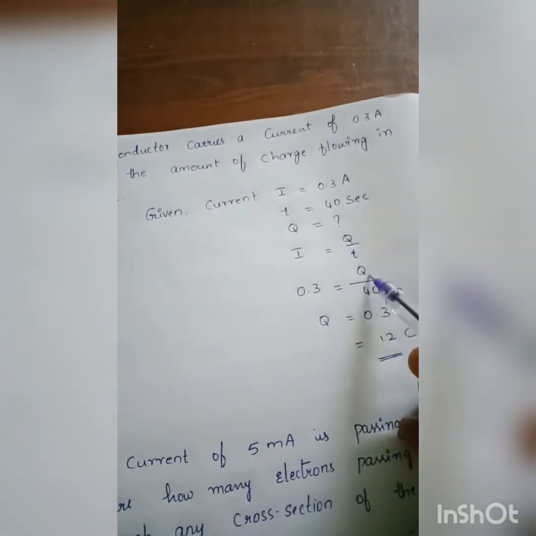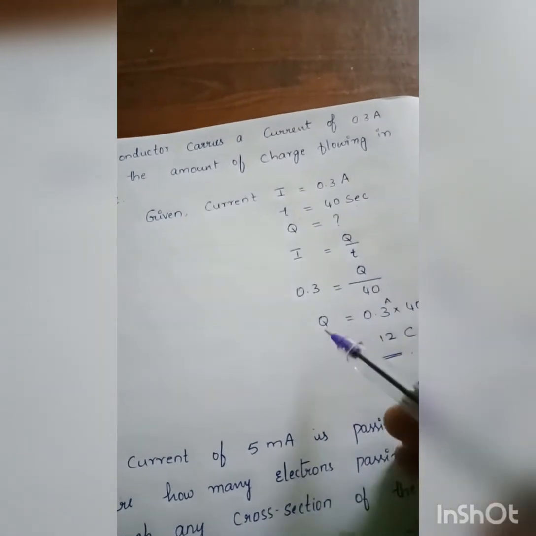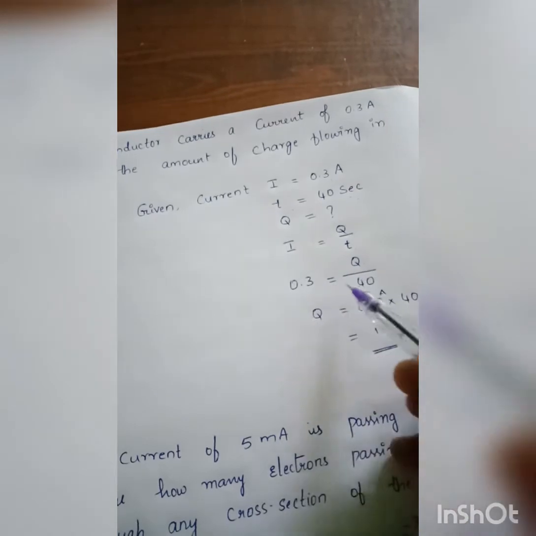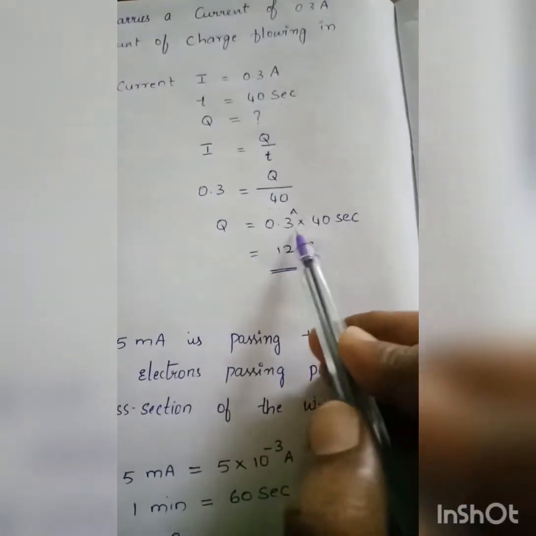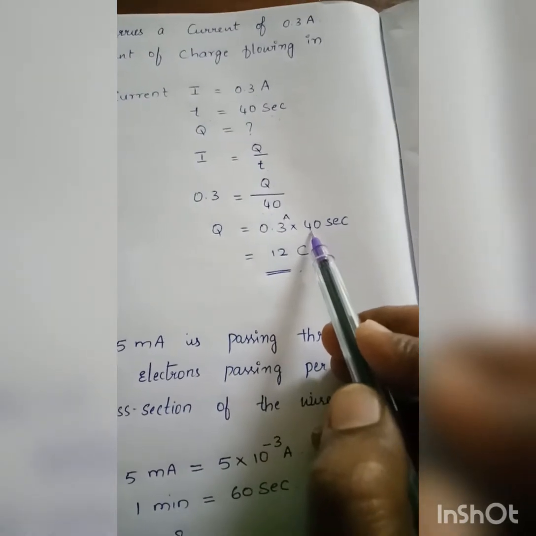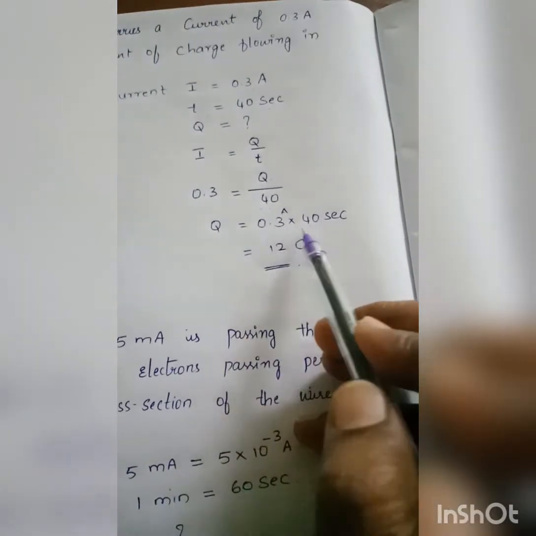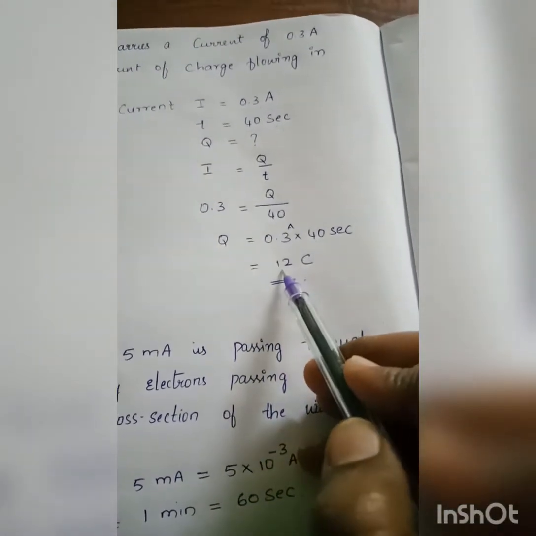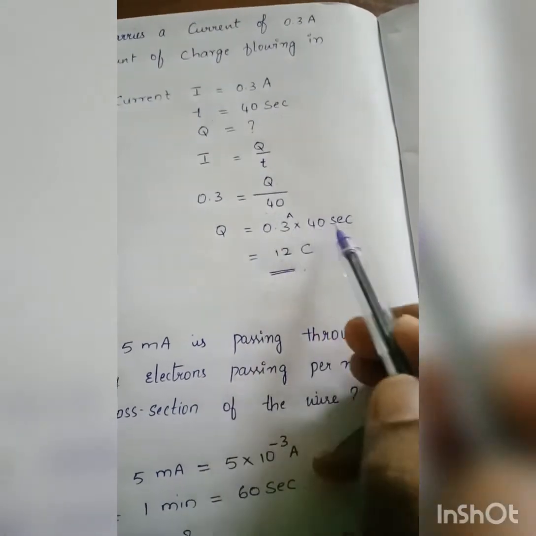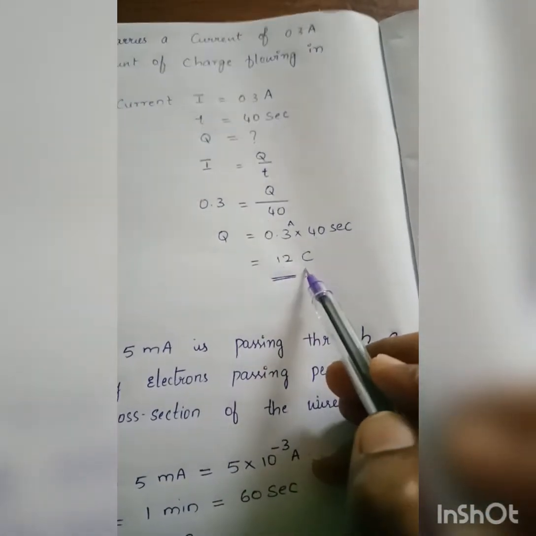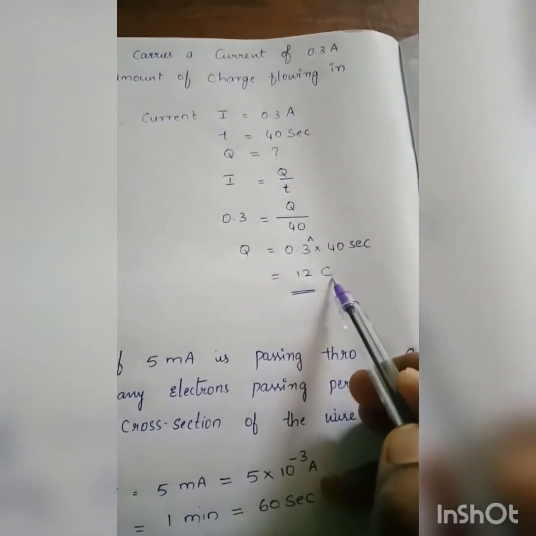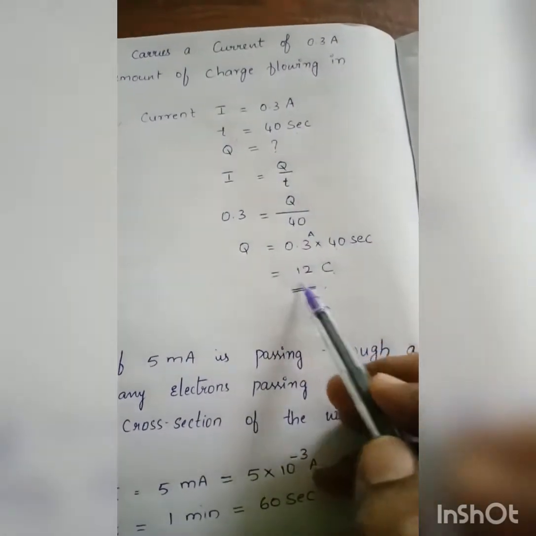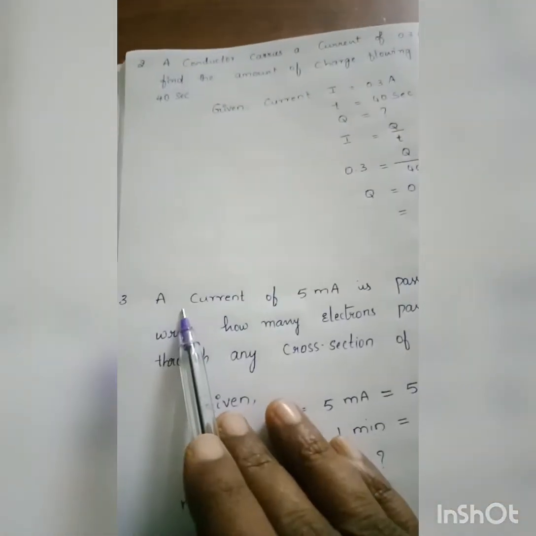So Q equal to cross multiplying these two values, 0.3 amperes into 40 seconds. 0.3 into 40 is nothing but 12. Ampere into second is nothing but coulombs, so Q is measured in coulombs. So what is the answer for this question? 12 coulombs.